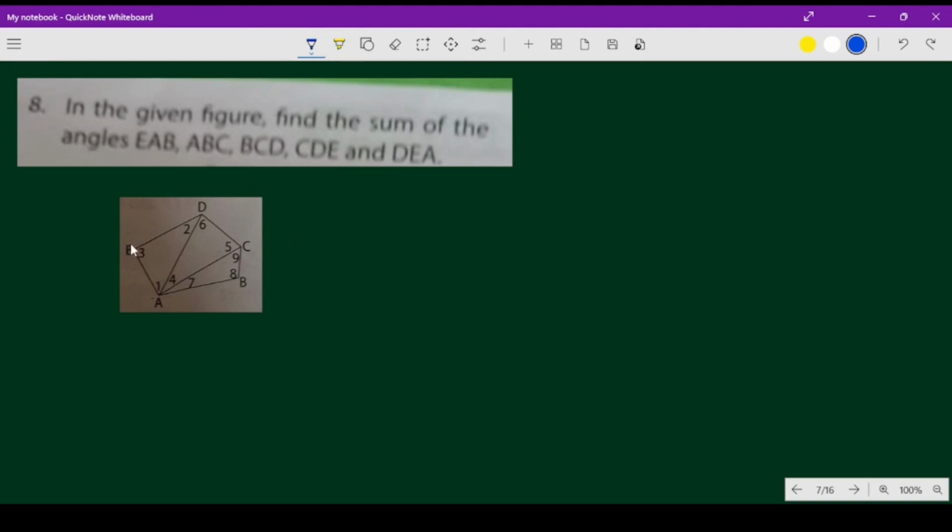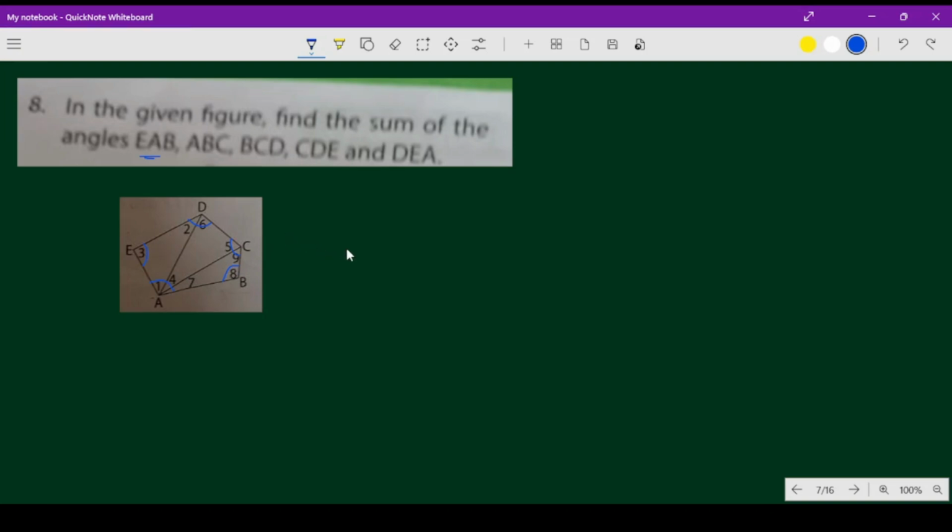It means if we simply look into the picture, EAB means this angle, then ABC means this angle, then BCD means this angle, CDE means this angle, and DEA means this angle. So if you see, ABCDE is nothing but a pentagon, and these all are the angles of the pentagon.